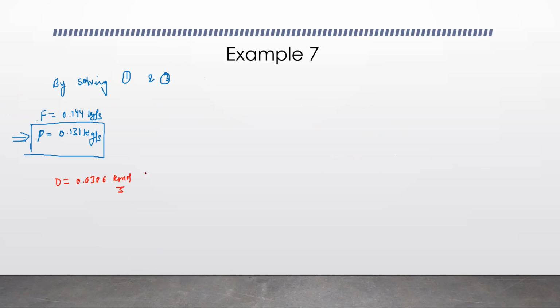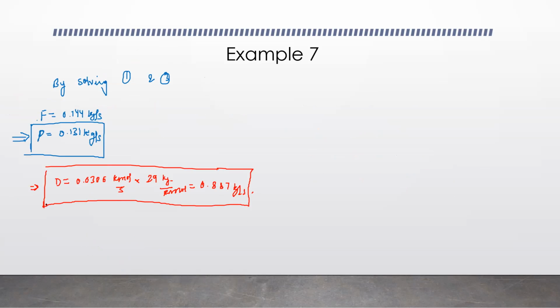We multiply it by the average molecular weight of air, that is 29 kg per kilomole. So that is equal to 0.887 kg per second. That is my mass flow rate of air that has left the dryer.